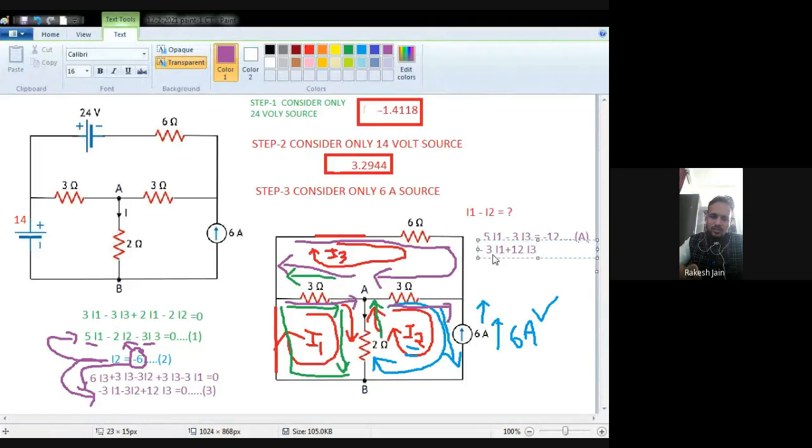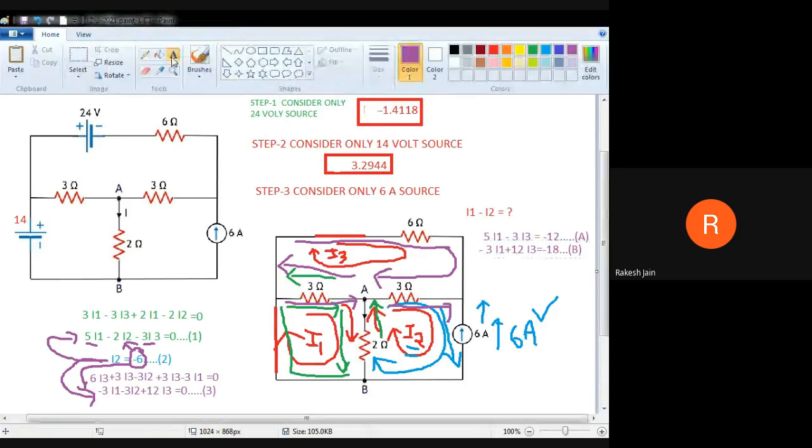But I2 also passes through this 3 ohm from left to right, so the direction is opposite. So plus 3 I3, and because the other current is opposite, I write it with negative, 3 I2.